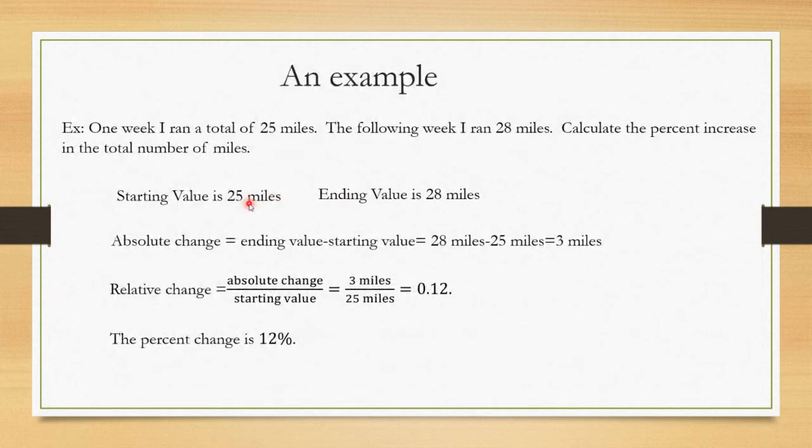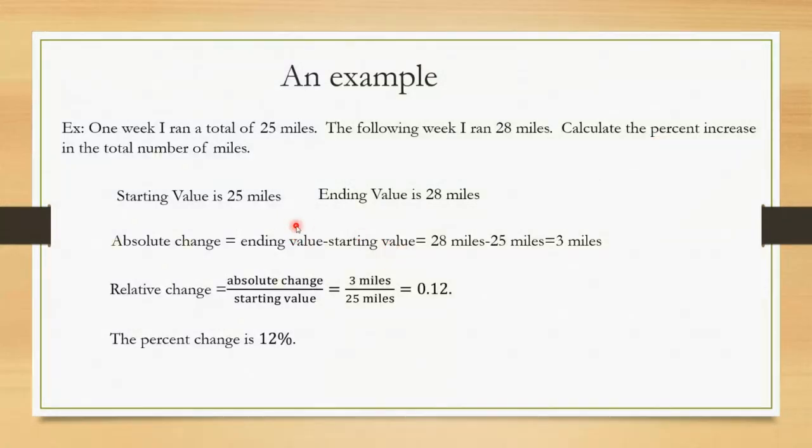Okay, well, the starting value here is 25 miles. That's the beginning. And then the ending value is 28 miles, right? The total number of miles starts at 25 miles, ends at 28 miles, and we want to know what is the percent increase in this. So we have the starting and ending value.